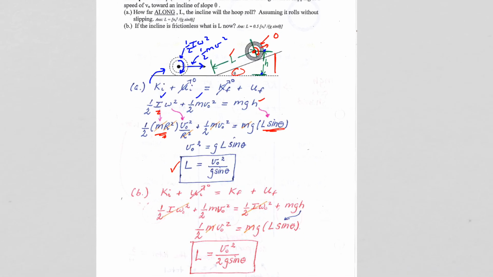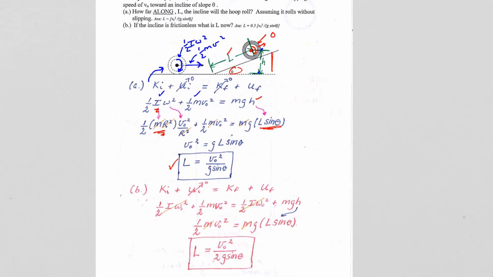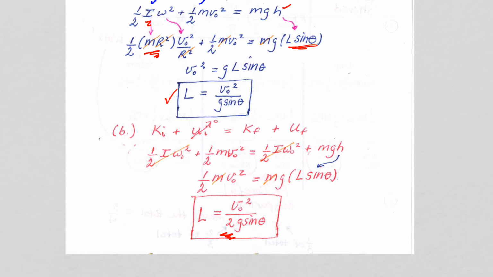And if the incline is frictionless, the distance along the incline now, notice, is half the distance. When we calculate the new distance, here we had V naught squared over g sine theta as the distance along the incline. Now we have 1/2 V naught squared over g sine theta.